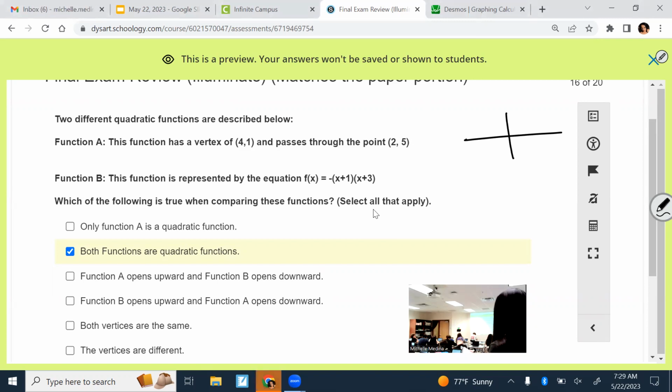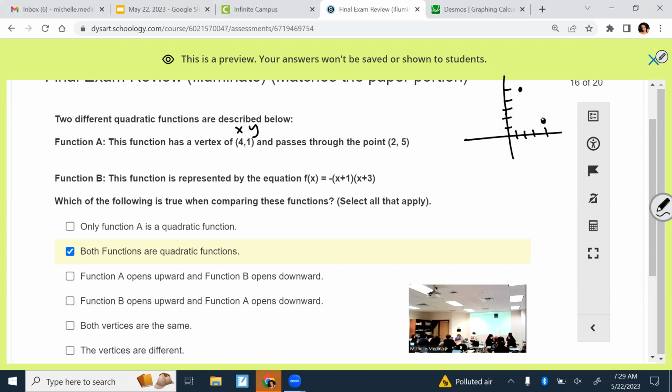So x, y, (4, 1) would be 2, 3, 4, up 1, around here. And then if it also passes through the point (2, 5), so here's 2, up 1, 2, 3, 4, 5.